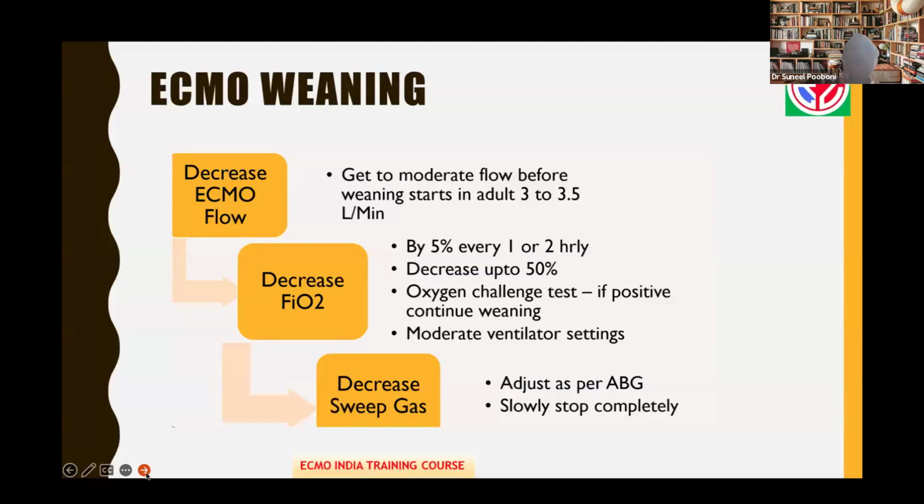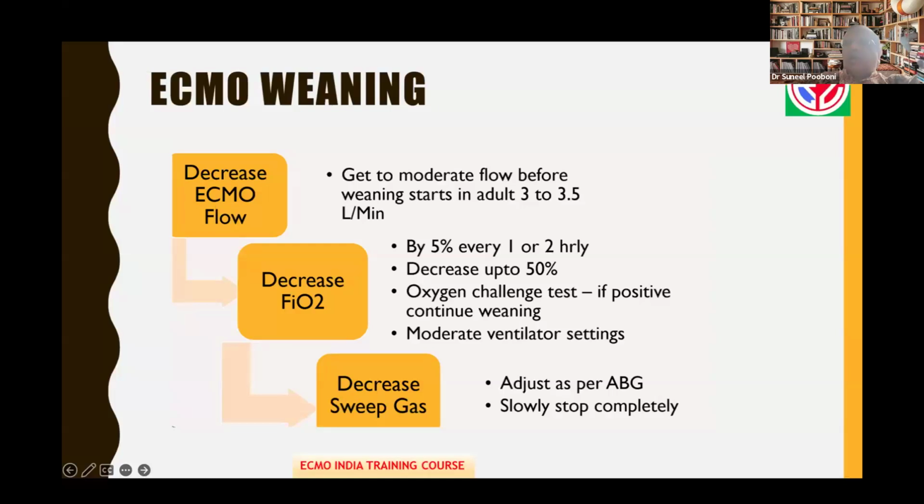So before you match them, it is better to come down on the flow initially. That might help the situation. Decrease FiO2 by 5% every 1 to 2 hours as the lungs get better. Then you can come off also, and decrease the sweep gas also.